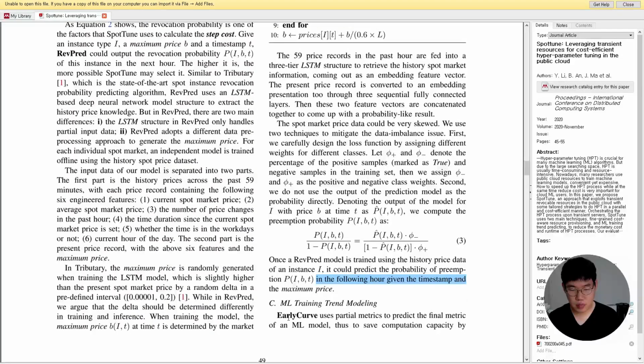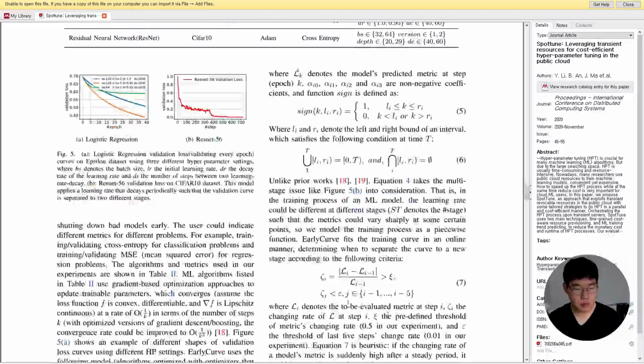The machine learning training only covers using partial metrics to estimate the final metric of the machine learning models, thus saving computation capacity by validating every epoch's curves of the epsilon data using 3 different hyperparameter settings, where bs denotes the batch size, ILR the initial learning rate, DR the decay rate of the learning rate, and DS the number of steps between 2 learning rate decays. Next is ResNet-56 validation on the CIFAR-10 dataset.